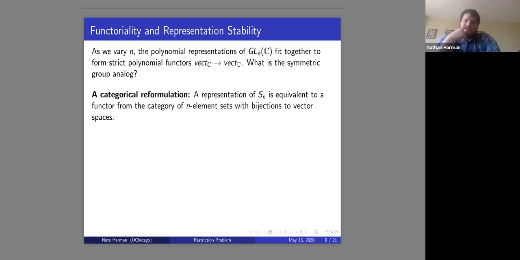That completely defines the functor up to equivalence. So this is in some sense just a restating of what it means to be a symmetric representation, but in the language of categories, which I'm sure everyone is very excited about. But why does that help?